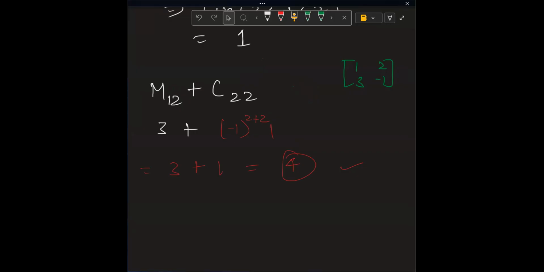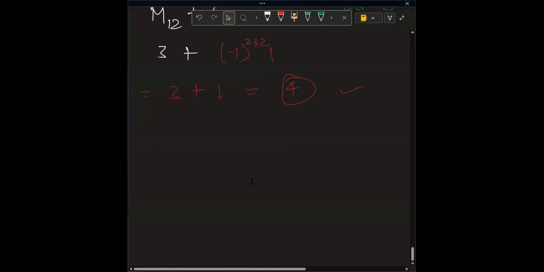Okay, so the third question is, you have a 3 by 3 matrix such that the adjoint of A is 64. Then A, the determinant, is 8. It's a 3 by 3 matrix, right? And you have adjoint of A is 64.